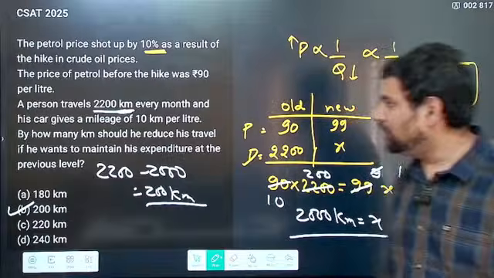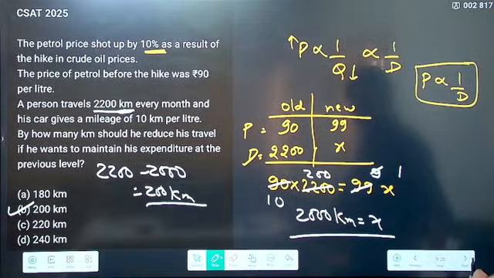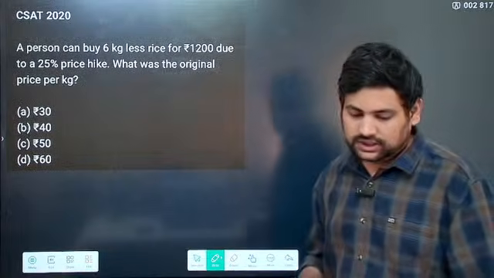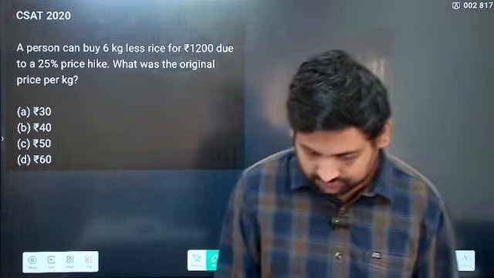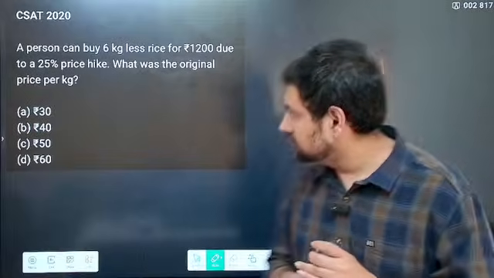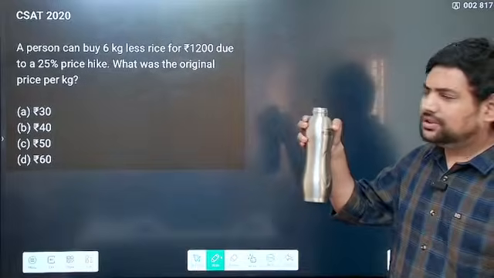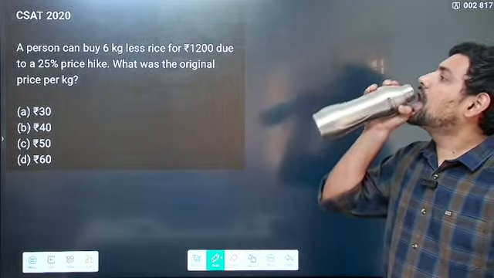Okay, now try doing this. Little bit you will have to think. This is direct price and quantity, so that is not a problem.